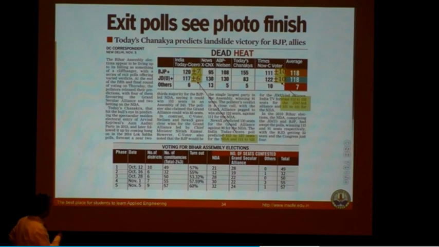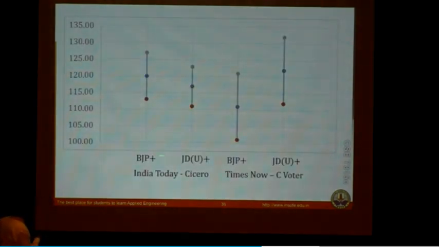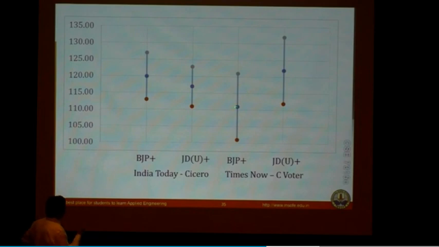Okay. So I just wanted to plot these and see is there a photo finish, and I plotted it for only those two because they have given the ranges: 120 plus minus 7, 117 plus minus 6, this is 111 plus minus 10, 122 plus minus 10.